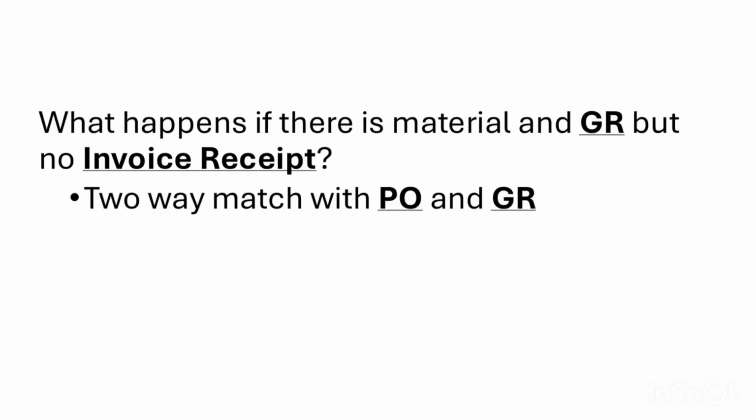What happens if there is material and a goods receipt, but no invoice receipt? So we, ding dong, we got the material at the door. It's right at the door of our plant. Okay, we got the material. Where's the invoice receipt? I ain't got no invoice receipt. So what we gonna do now?